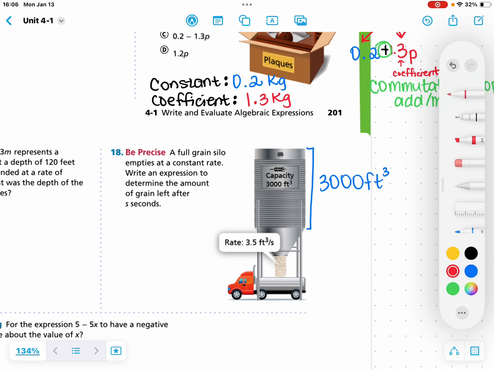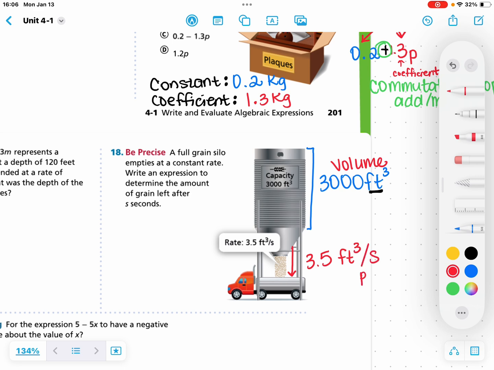Now, all that represents is volume. That's just a fancy way to represent volume. That feet cubed does not mean much to us. Other than that, it empties into the truck at a rate of 3.5 feet cubed per second, and that slash seconds is the same thing as per seconds.